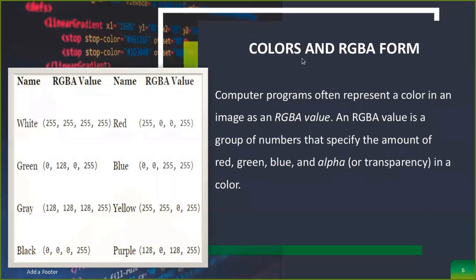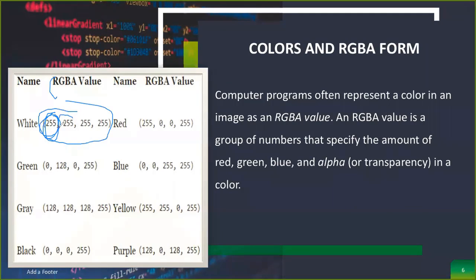So this is colors and RGB form. Before moving toward the coding part, I want to introduce what colors are and how colors are shown in code. For example, this is white. The white color is shown by 255, 255, 255. The first value 255 is the amount of red, and the intensity ranges from 0 to 255.